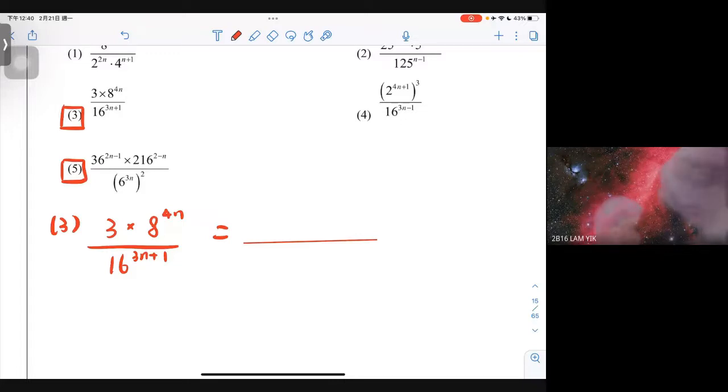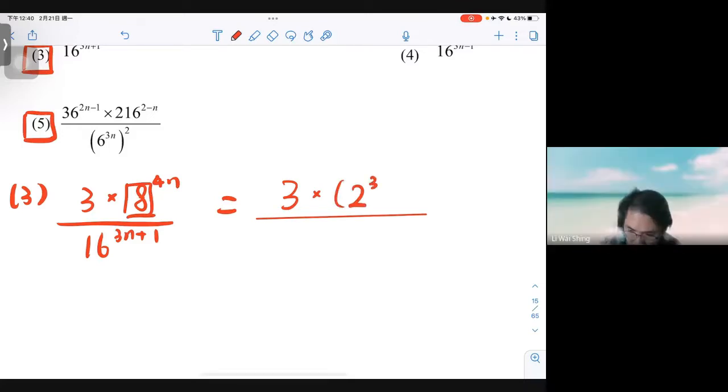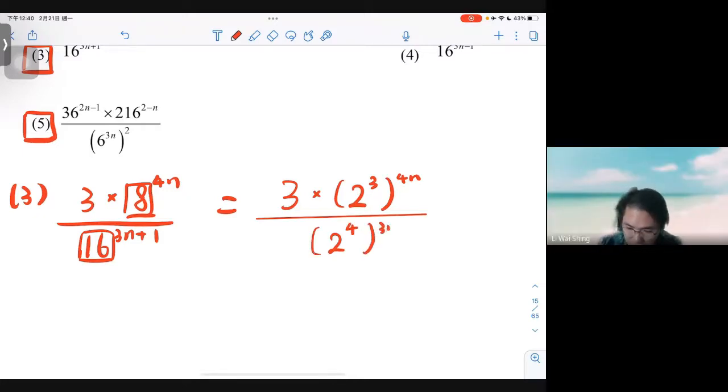Numerator: 3 times 2 to the power of 3. Yes. What about the denominator? Denominator is 2 to the power of 4. Yes. Okay, next step, please.